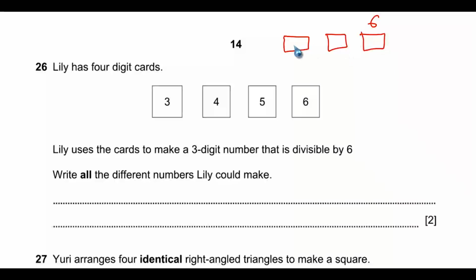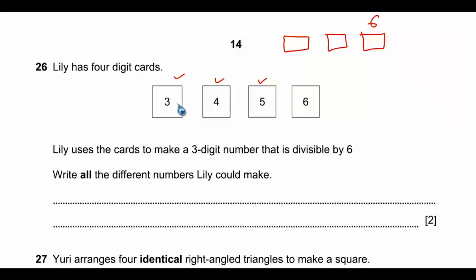So the other 2 numbers must be added to 6, and the sum must be divisible by 3. I have 3 options, 3, 4, and 5, for instance. If I want to pick any 2 of these numbers so that the sum will be a number that is divisible by 3.